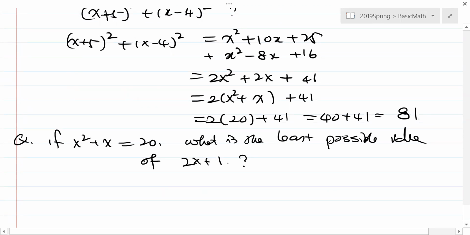When we wanted x squared plus x to be 20, that's 4 squared plus 4 equals 20. Then 2 times 4 is 8, plus 1 equals 9. You went a little overboard, but that's fine.